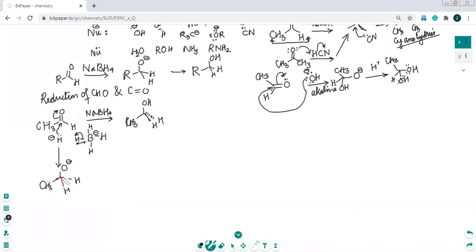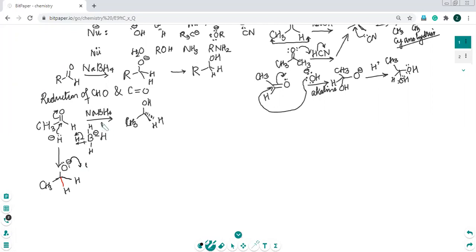And this is the old bond. Now what happens is this lone pair of electrons is reacting with water or methanol. It contains methanol, and from the solvent it forms OMe. Methanol is a solvent used for this reaction.